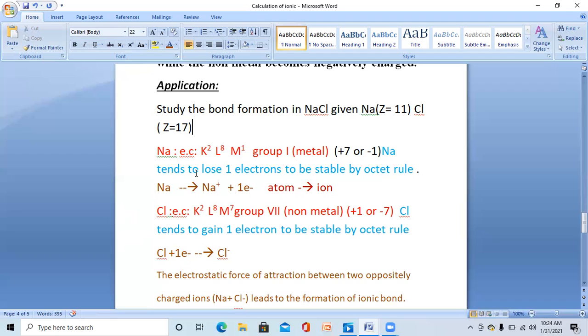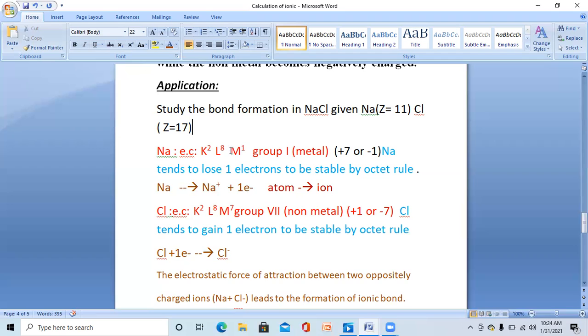So first, sodium atom is metal. Cl atom is non-metal. So metal with non-metal will form an ionic bond, where ionic bond is formed due to the transfer of the valence electron of metal to the valence shell of non-metal.